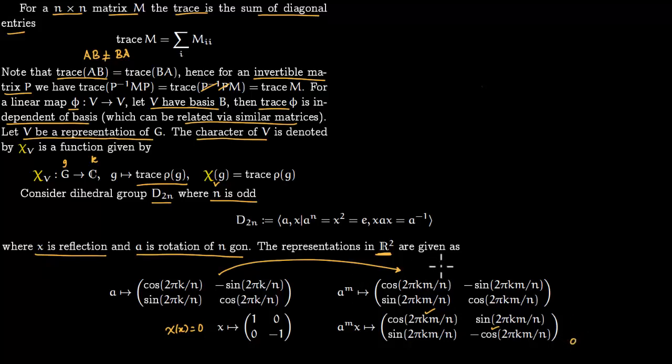Now the character of this is obviously the sum of these two elements, which is going to be 2 cosine of 2 pi k m by n. Similarly here, you can talk about this, which is going to be 2 cosine of 2 pi k over n, the sum of these two elements. Now let us discuss some properties.